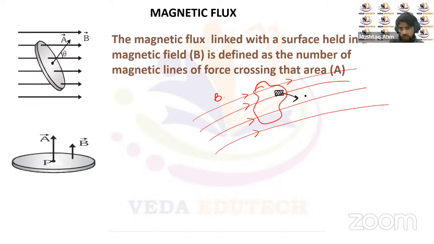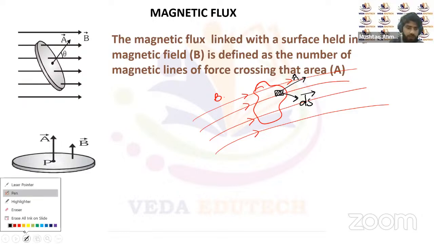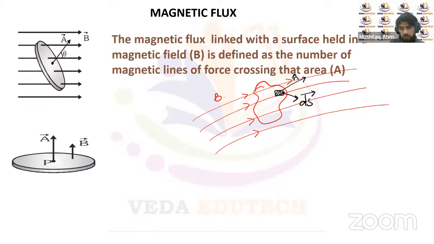I am choosing this area element as ds, and the direction of this area element is along this direction. I call this direction n cap, or we can write this ds as the area vector, the ds vector. Let's suppose at this point the direction of the net magnetic field is along this direction, and the angle between the area vector and the magnetic field vector is theta.